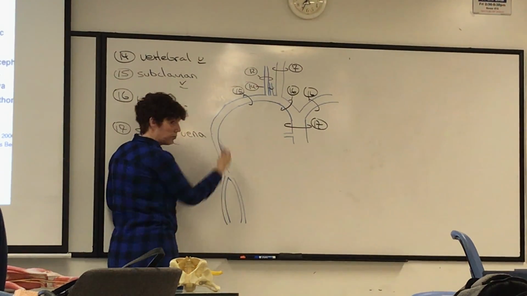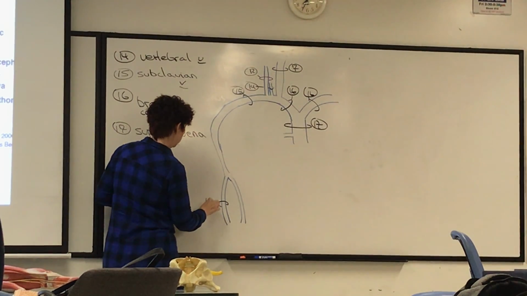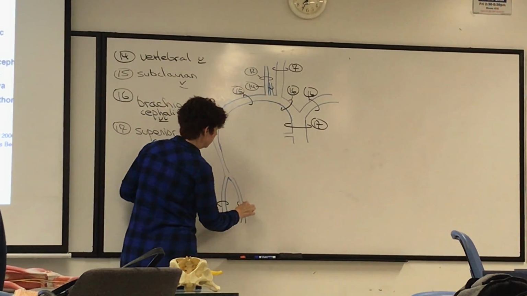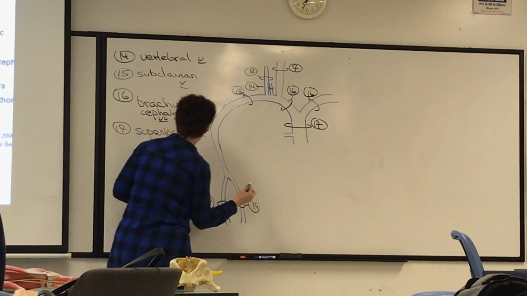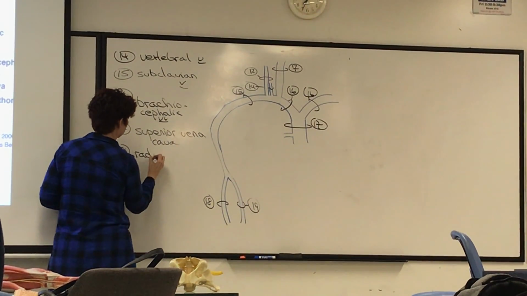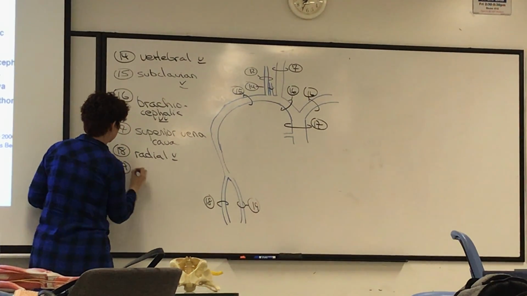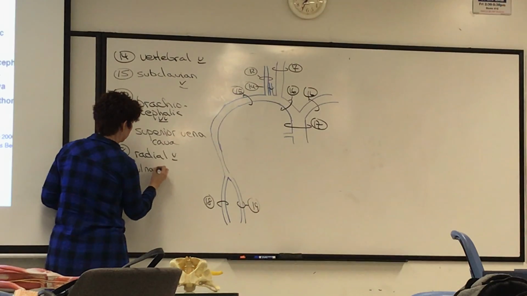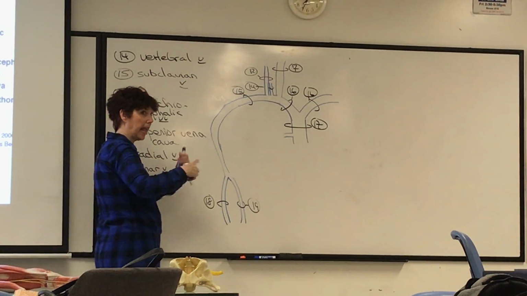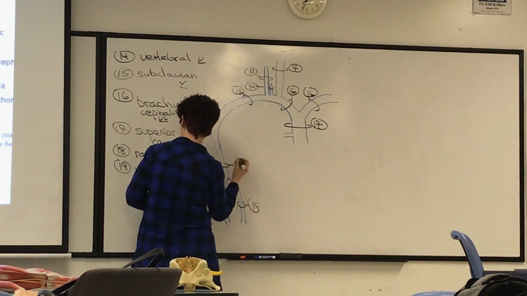So in sequence, we're going to drop down here. So we have radial and ulnar. They flow together and join to form the brachial.